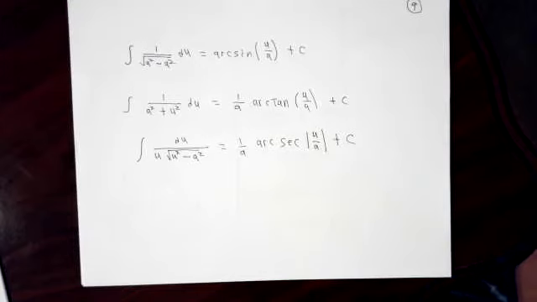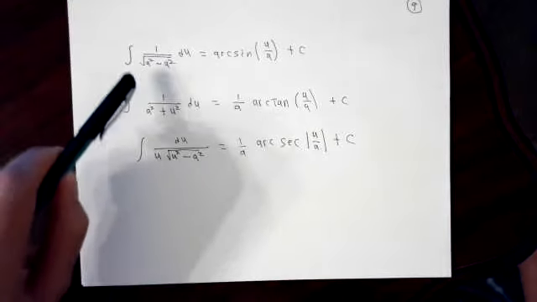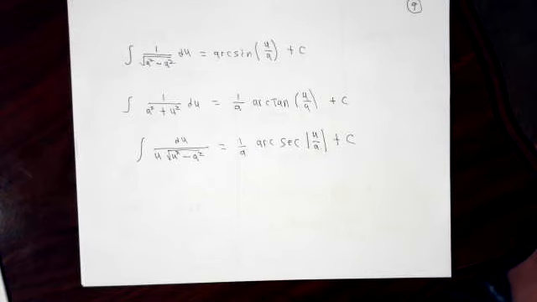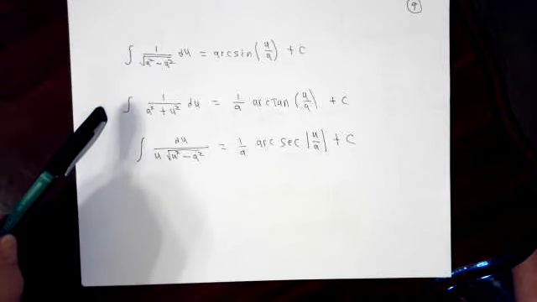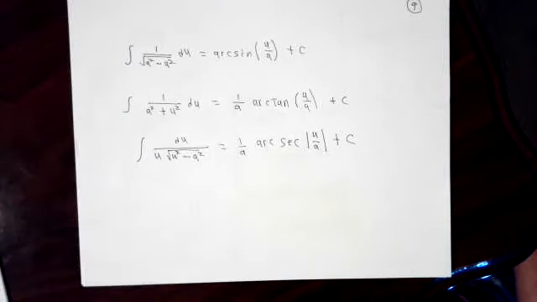So I want to look at some examples of these kinds of integrals. An integral where you've got radical a squared minus u squared, where we're going to take a to be some positive constant, and u is the variable here. I want to look at this type and that one, and maybe that one too.